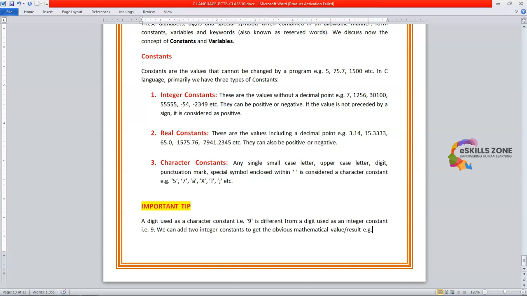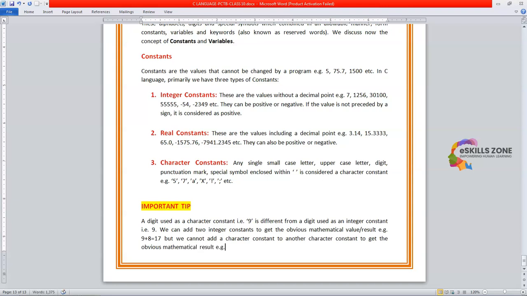For example, 9 plus 8 equal to 17, but we cannot add a character constant to another character constant to get the obvious mathematical result.